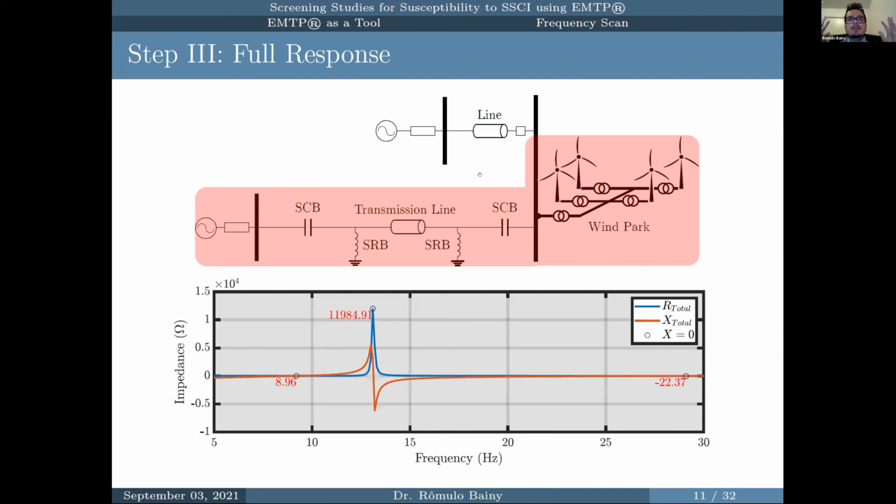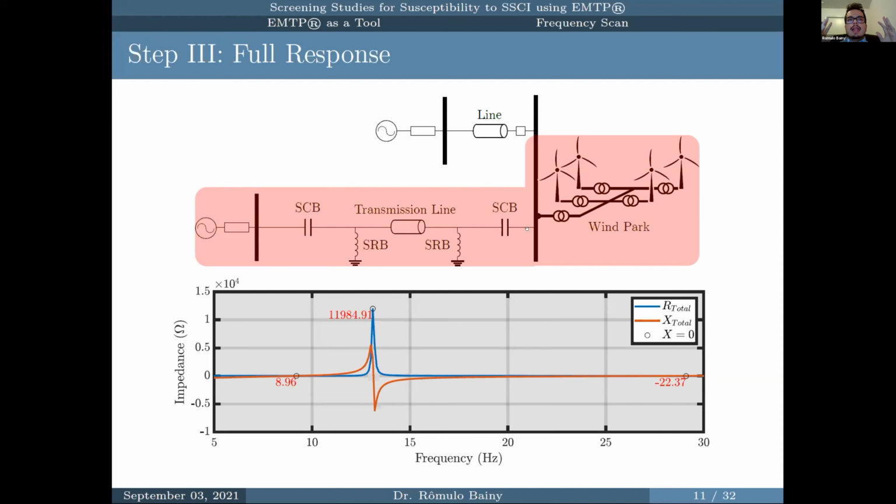But what you do here is calculate the equivalent impedance at 60 hertz for this part of the grid, and then you put that with your ideal source. After that, you are going to have this bus, which is the point of interconnection.